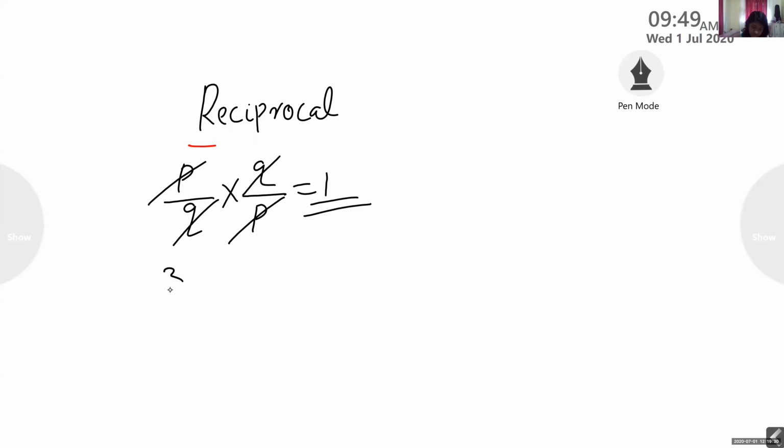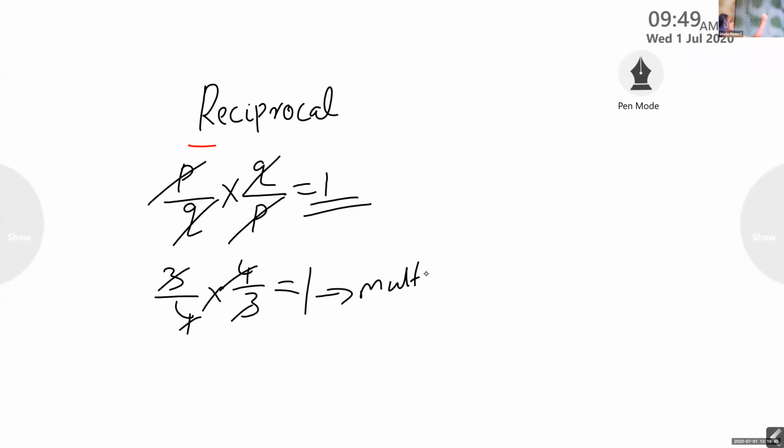Like 3 by 4 into 4 by 3, cancelling 4 and cancelling 3, we will get 1. 1 is our multiplicative identity. When we multiply a number by its reciprocal, we will get the multiplicative identity.